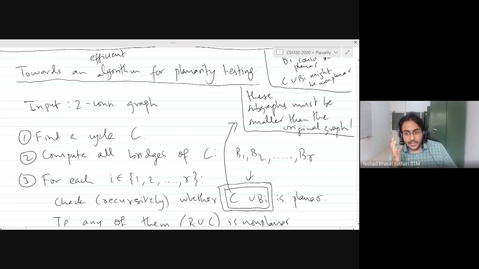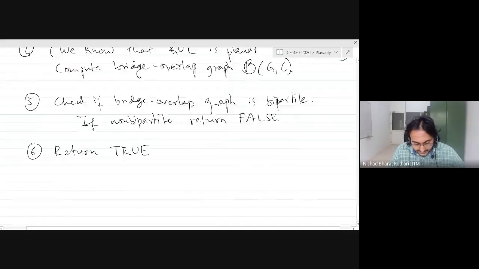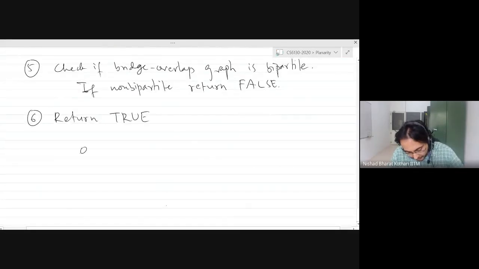The problem is, what if there is exactly one bridge? For example, if you are looking at K5, and if you consider this cycle of K5, then there is exactly one bridge. And it looks like this.